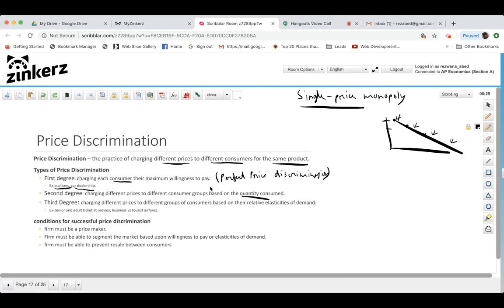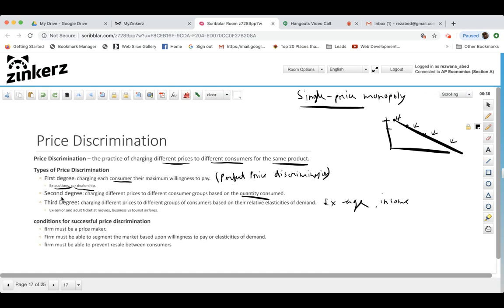And then the last type of price discrimination is third degree price discrimination, where you charge different prices to different groups of consumers based on their relative elasticities of demand. Okay. So this can come from age, income, all of these different things, where you can actually separate people into different groups.